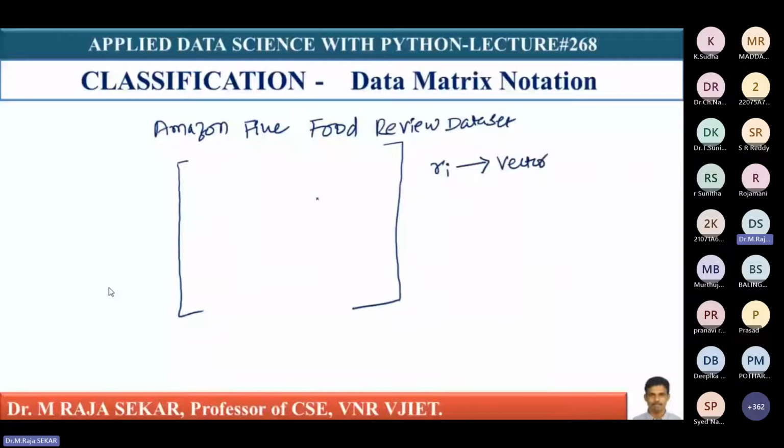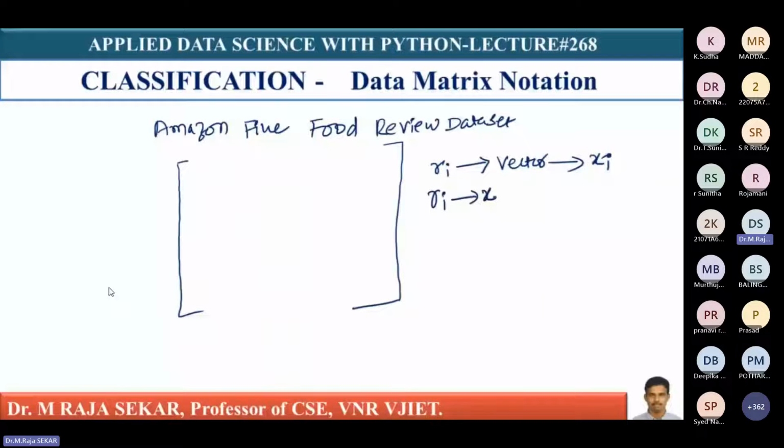This is the Amazon Fine Food review data set. Just try to recall what we were saying a few minutes back: each review can be treated as a row, isn't it? Your machine learning algorithm, your k nearest neighborhood algorithm, cannot understand review text.